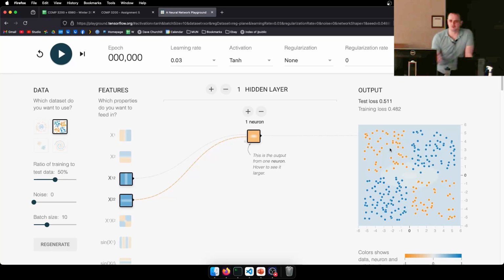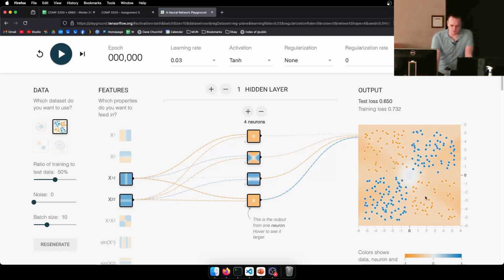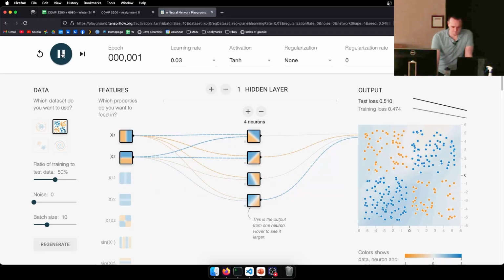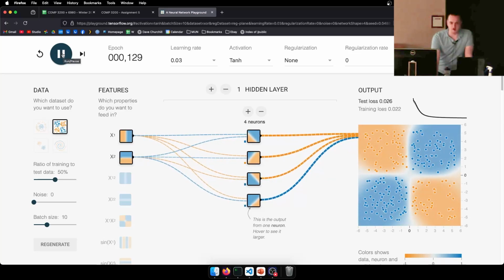There's no wrong answer, just the number of neurons. Maybe 4, I'll try 4. Maybe 4 lines would be able to do this. Let's just have a look. Because if I'm able to chop this up into 4 sections, then that's what I can do.